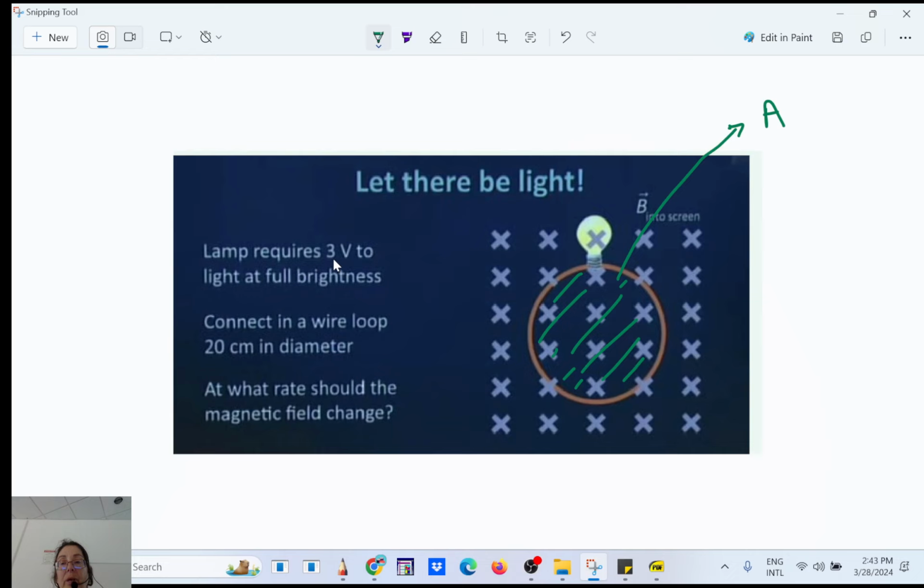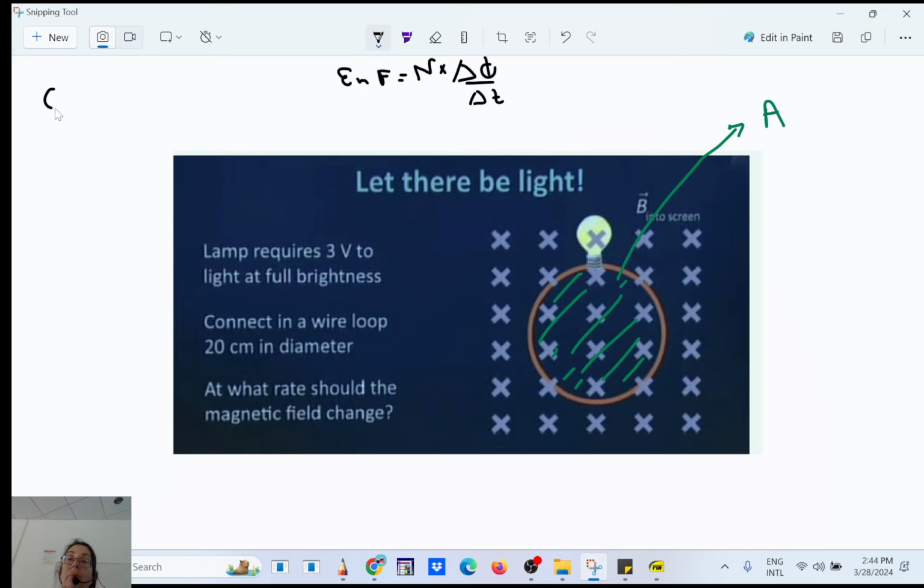And that will be your EMF. So the EMF equals the number of loops, okay, inside the conductor, how many times you go around, times the change in flux.